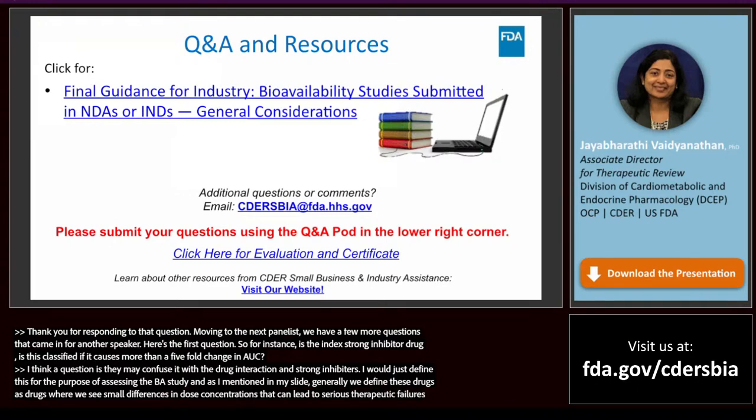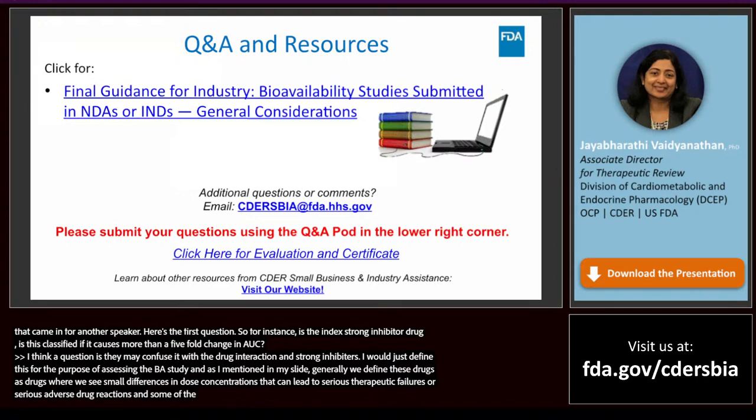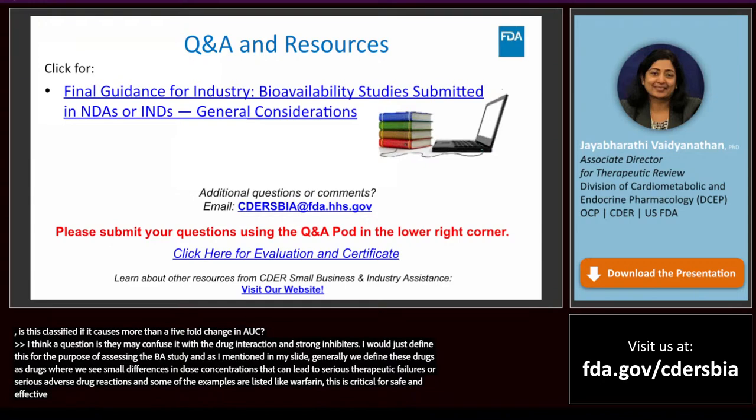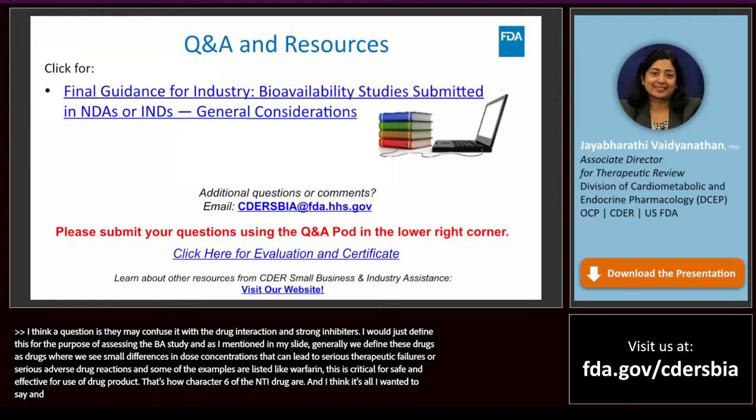Some of the examples I listed were warfarin, digoxin, etc. So for these NTI drugs, knowledge of AUC or Cmax, the exposure metrics, is critical for safe and effective use of the drug product. So that's what the characteristics of an NTI drug are. And I think that's all I wanted to say. The strong inhibitor drug, I think, is not relevant to BA assessment.